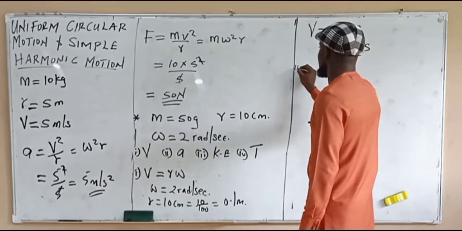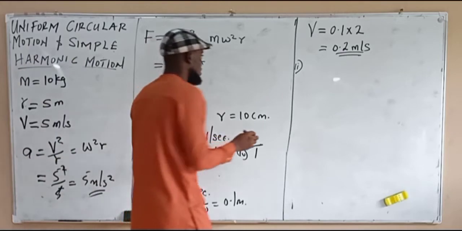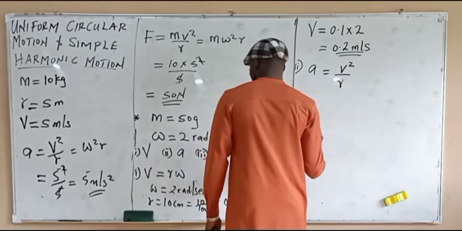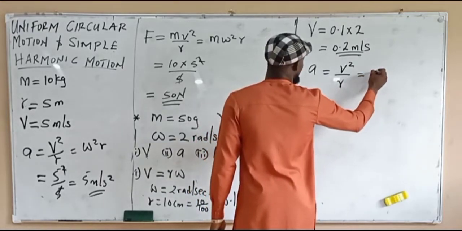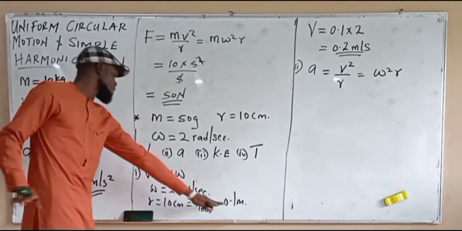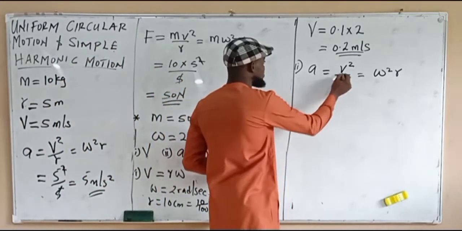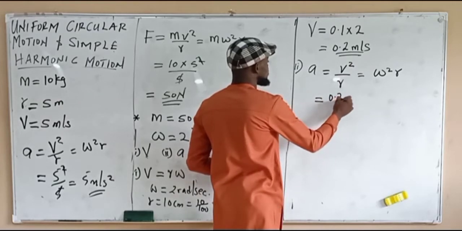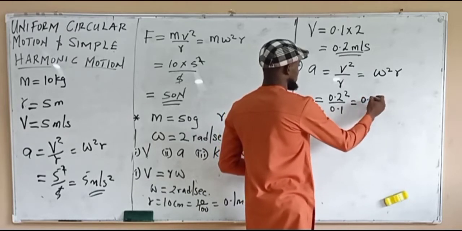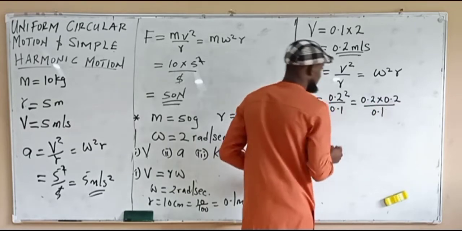Then question 2, centripetal acceleration. a is equal to v squared over r, or omega squared r. Any is possible because we know our v here, and omega was given in the question, so use any you like. I'll use the first one. That gives us 0.2 squared over 0.1, which is 0.2 times 0.2 divided by 0.1.